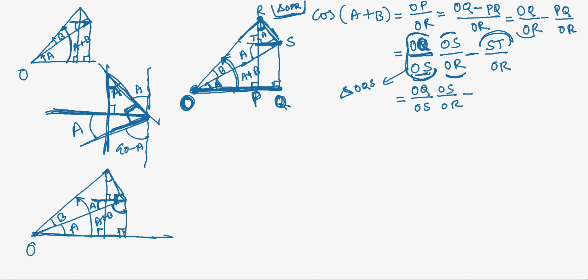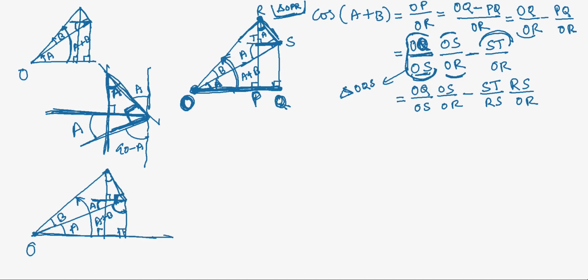In triangle RST, ST is the opposite side of the angle A. But we need to use the opposite side and write the hypotenuse of that right angle triangle. That will be our RS. And similarly introduce the RS over OR. So we introduced this. Are you okay?